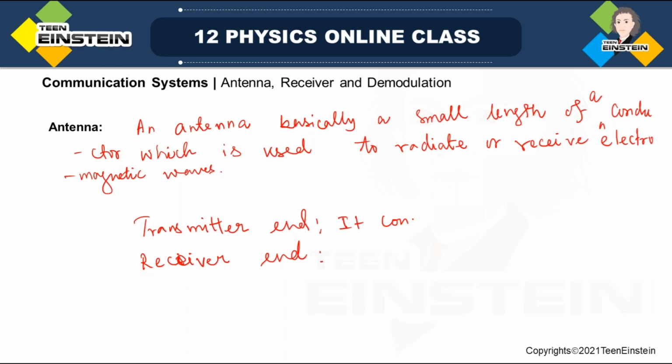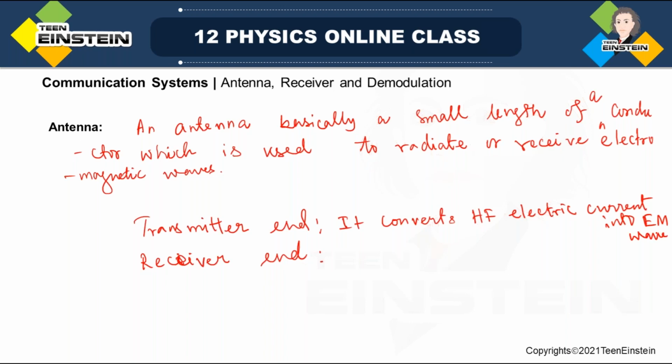It means antenna converts high frequency, HF, electric current into electromagnetic wave, EM wave.